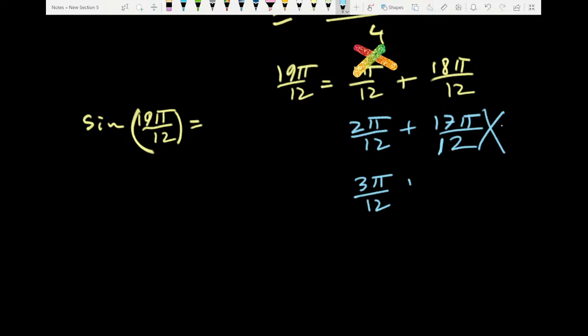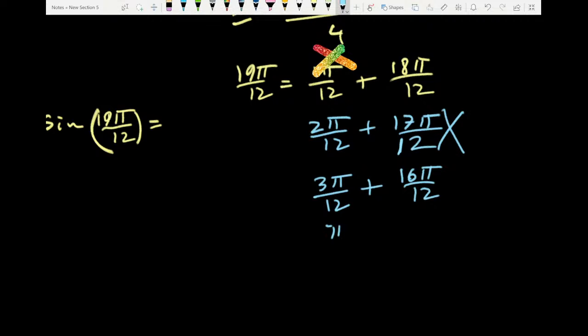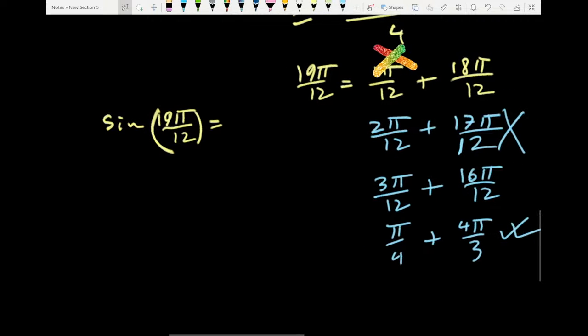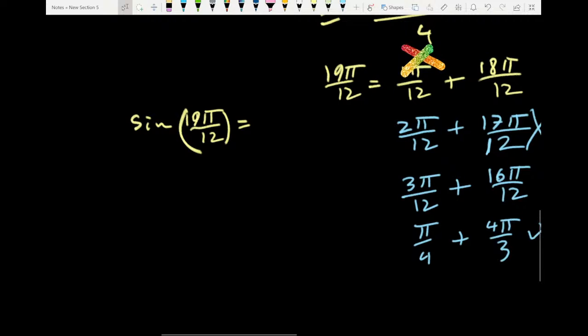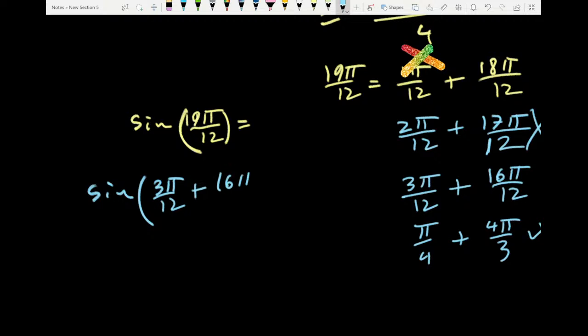Let's do the next one. 3 pi over 12 plus 16 pi over 12. This looks interesting. If I simplify that, I get pi over 4 and then 4 pi over 3. This works. Boom, right there. So I could rewrite it as sine of 3 pi over 12 plus 16 pi over 12.